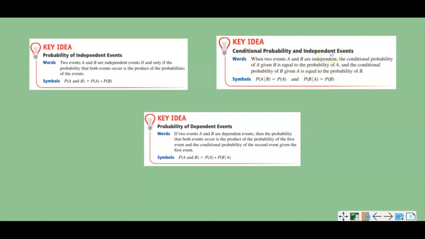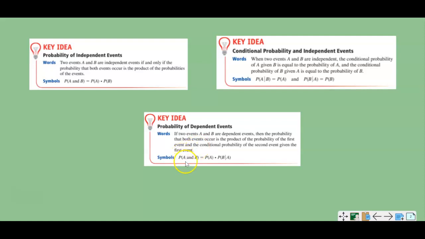Remember, there's got to be some condition that holds in order for this one to happen. And the last key idea, probability of dependent events. That means when something depends on something else. So if two events, A and B, are dependent events, then the probability that both events occur is the product of the probability of the first event and the conditional probability of the second event given the first event.